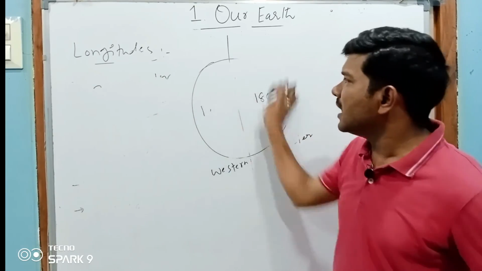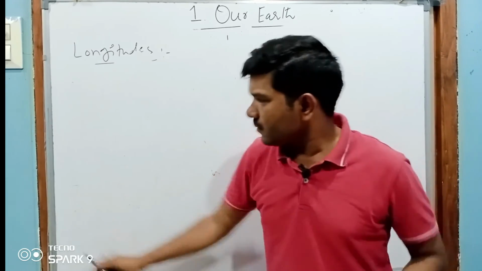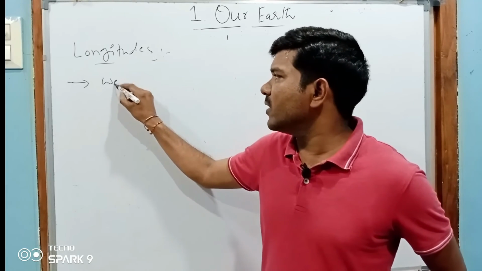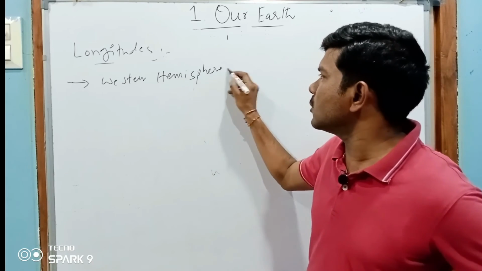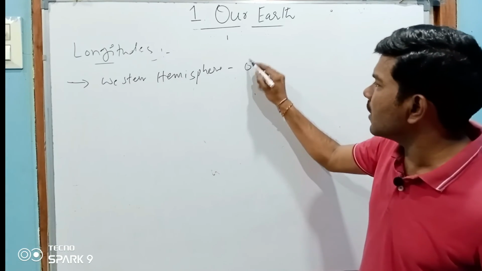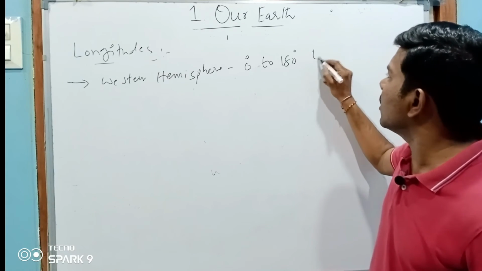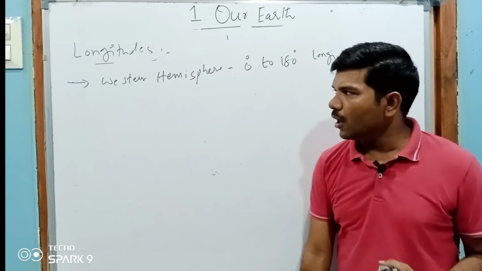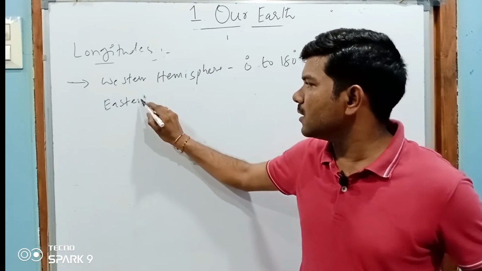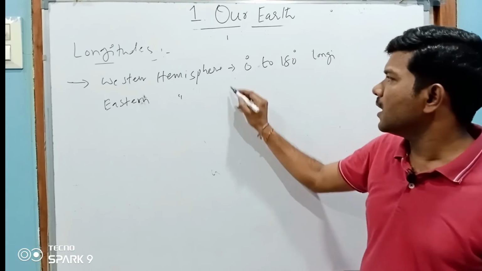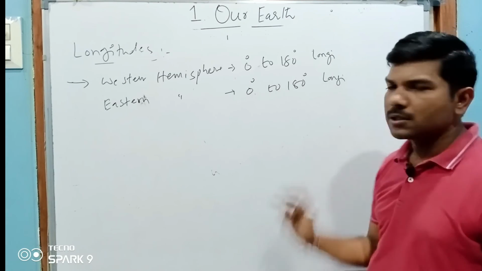Sir, how can you say these are only 360? Because in the western hemisphere it is divided from 0 degree to 180 degree longitude, and in the eastern hemisphere again 0 degree to 180 degree longitude.